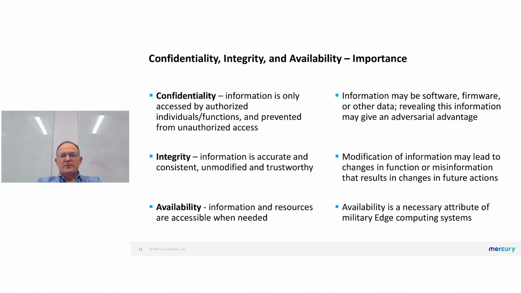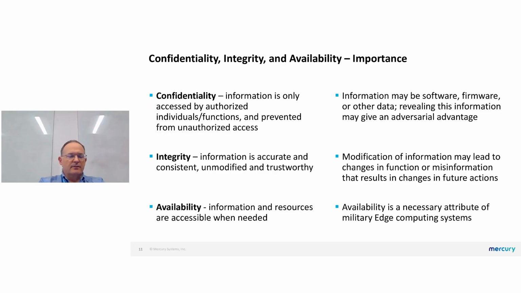When we talk about modification of information, it's important. So what happens if you have a breakdown of integrity? You can change function or produce misinformation that results in changes in what happens in the future. So if you can, for example, through an integrity breakdown, make it so that a system doesn't recognize a threat, then the ability of that system to counter that threat goes away.